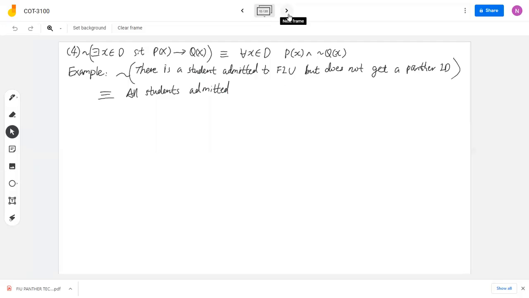Okay, so sorry, here P is admitted to FIU, and Q is not getting a Panther ID. Therefore, the negation should be all students admitted to FIU get their Panther IDs.